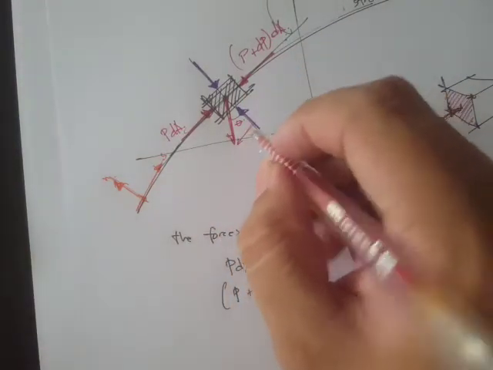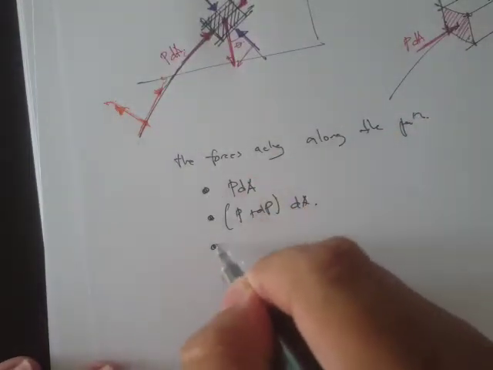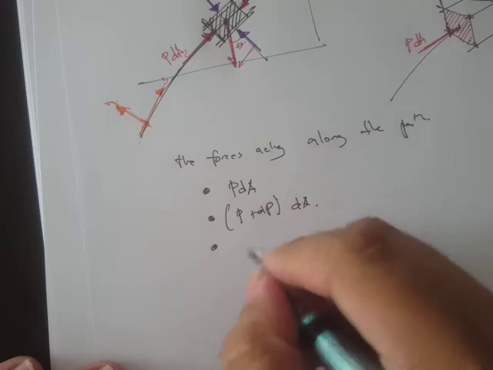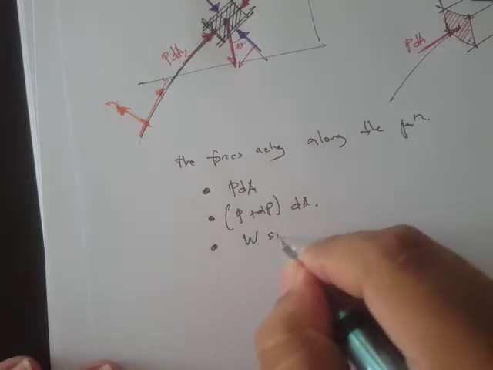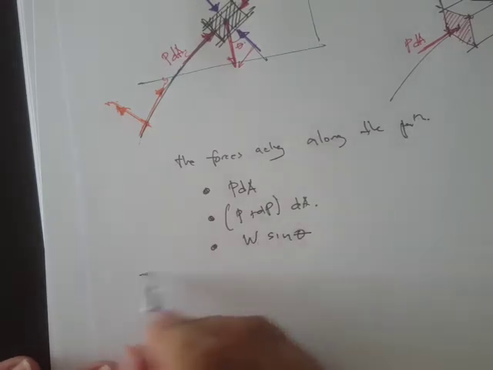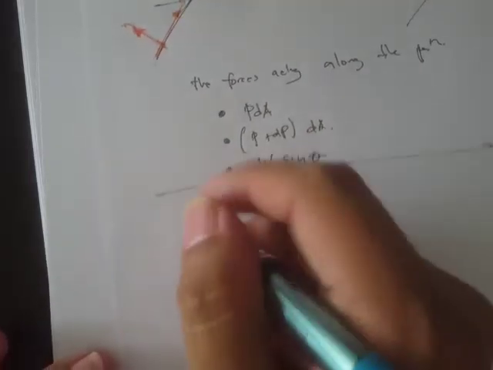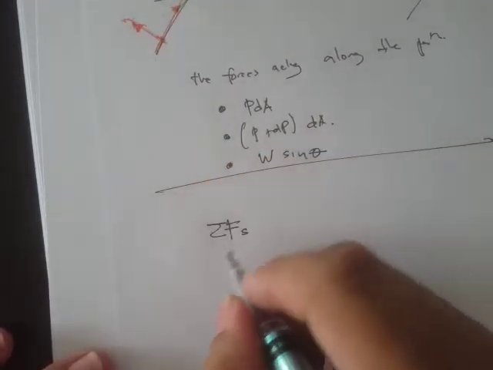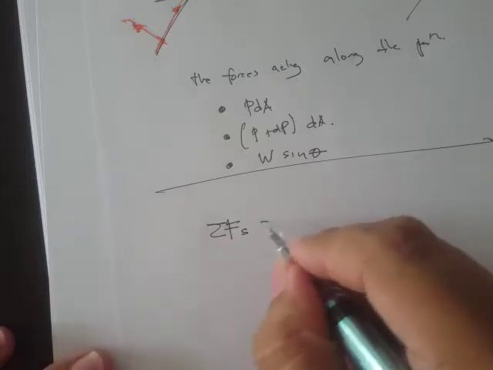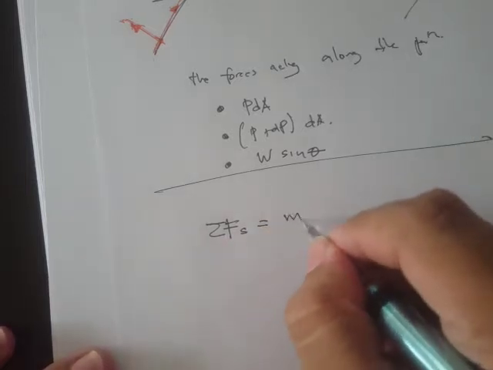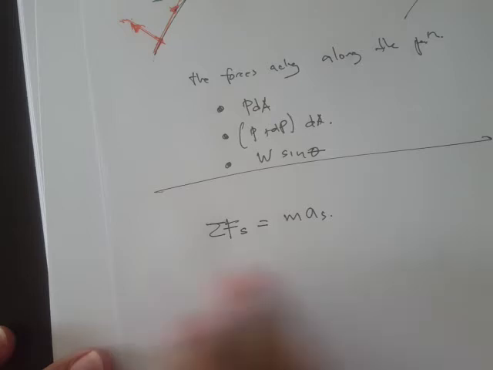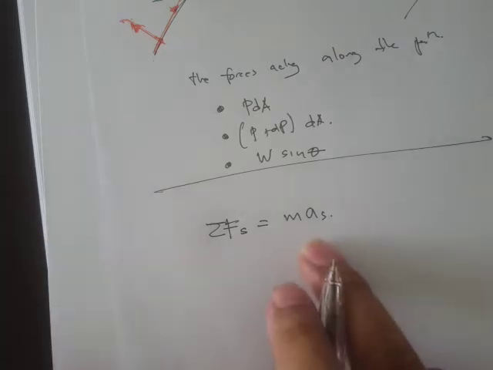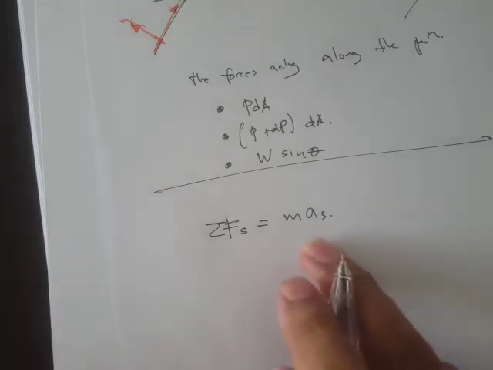Alright, so the S component of the weight, which is W sine theta. Okay, so now let's apply the summation of forces along the streamline, which is equal to mass times acceleration, and that acceleration will be acceleration along the streamline as well.